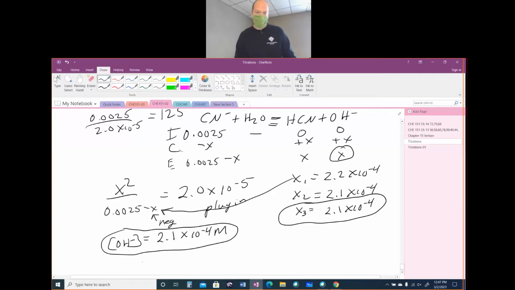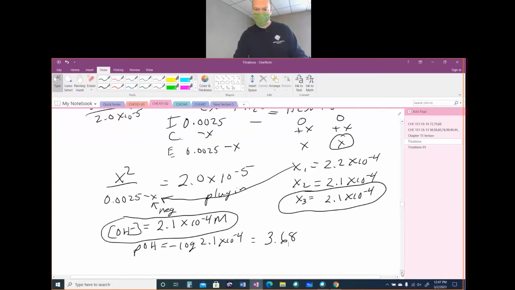And from that, we can get our pOH, which is the negative log of the 2.1 times 10 to the minus 4, which is 3.68. All right, it did not ask for the pOH, it asked for the pH, which is 10.32.